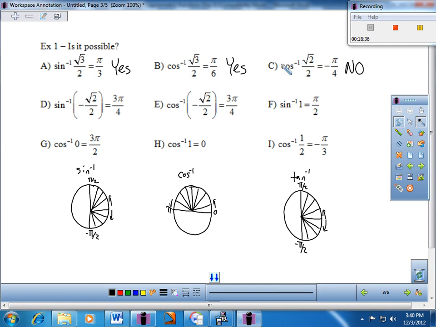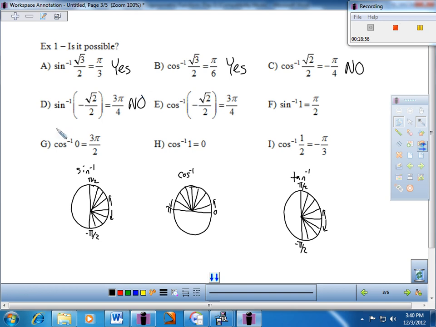All right, letter D. Inverse sine of negative root 2 over 2, is that equal to 3 pi over 4? Well, a couple things I see with this one. First and foremost, here's 3 pi over 4 out here. Is it in the interval for sine? No, absolutely not. And even still, I'm just kind of thinking out loud with this.